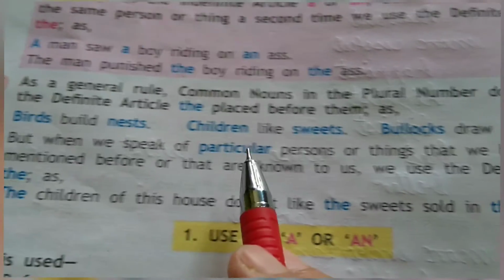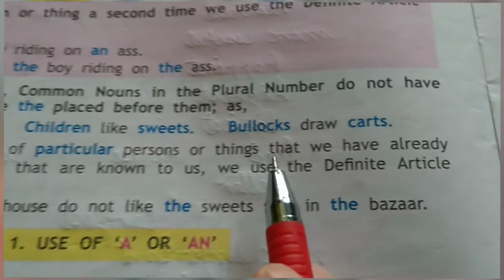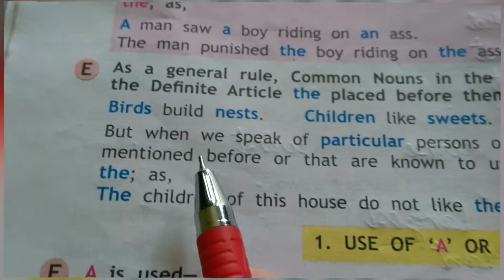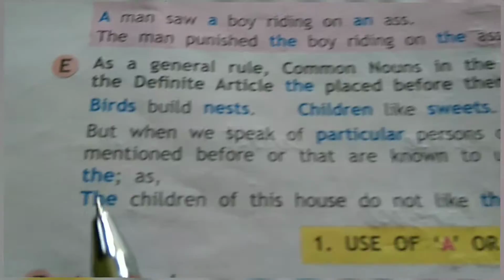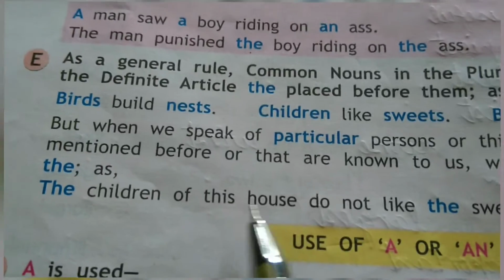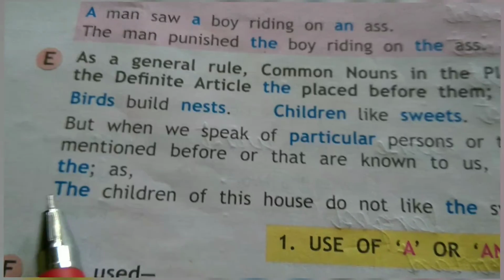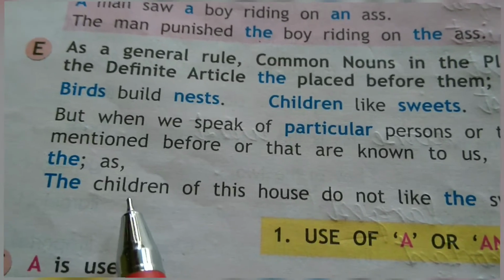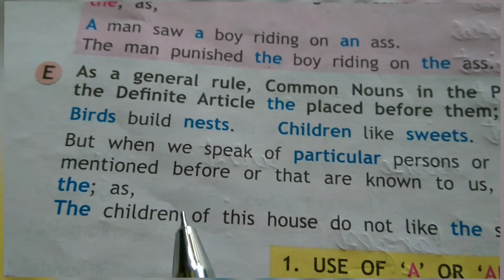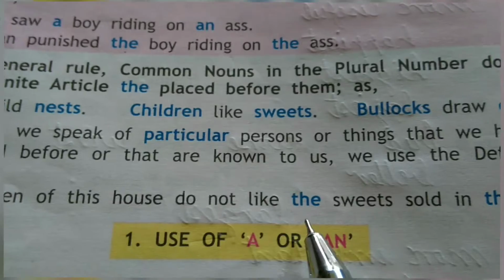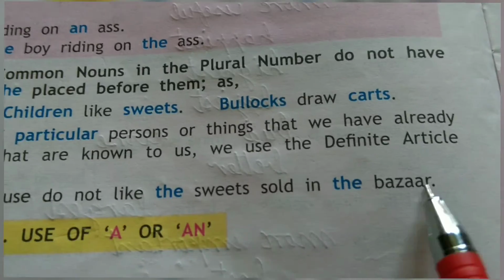But when we speak of particular persons or things that we have already mentioned before or that are known to us, we use the definite article the. The children of this house. Now here I am using the before children. Why? Because I am talking about a particular group of children. Do not like the sweets sold in the bazaar.